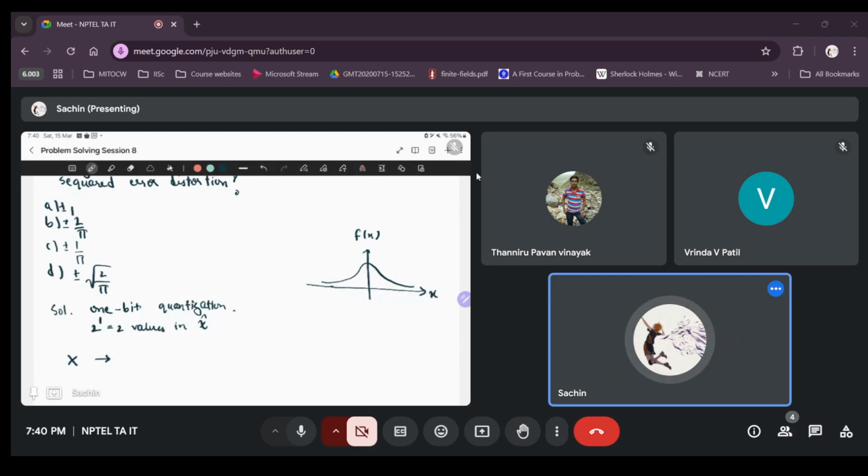Then when you receive a particular code word, you have to reconstruct it to a particular value of x.